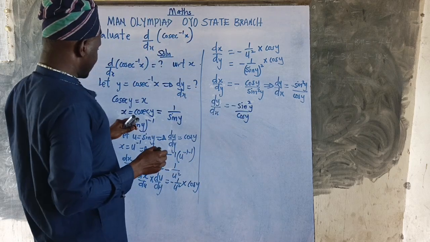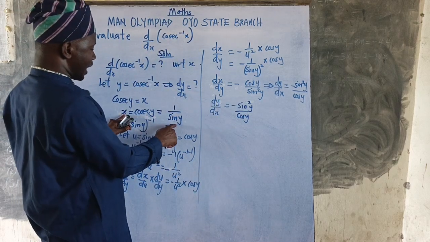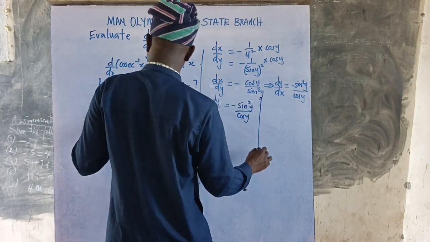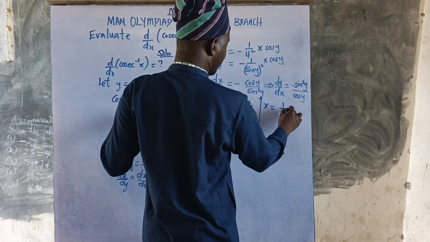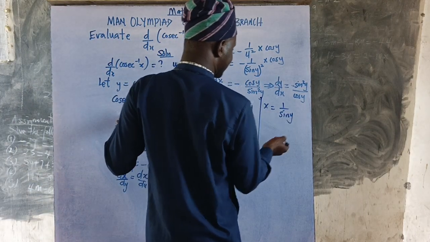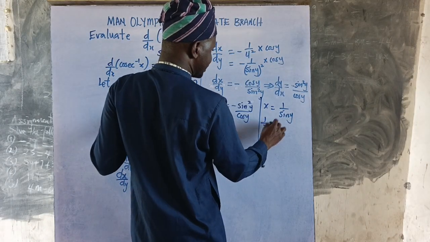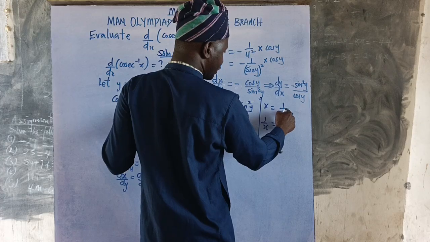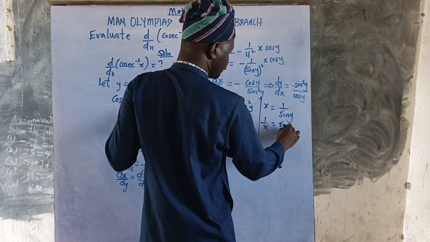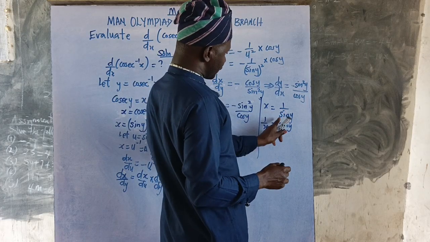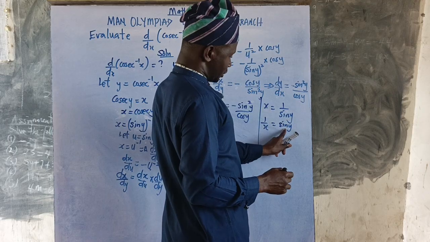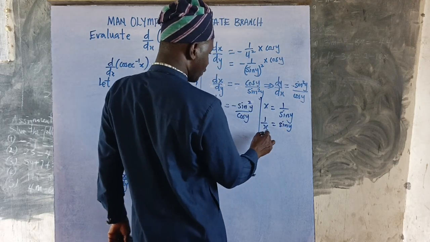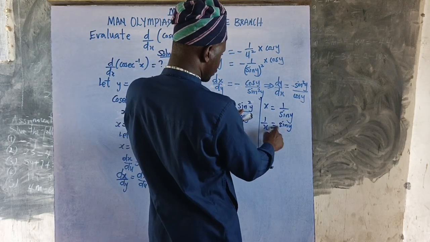Now, what is x? x equals 1 over sine y. If that is the case, then 1 over x, the inverse of this, will be sine y over 1, which will give us sine y. So therefore, sine y equals 1 over x.